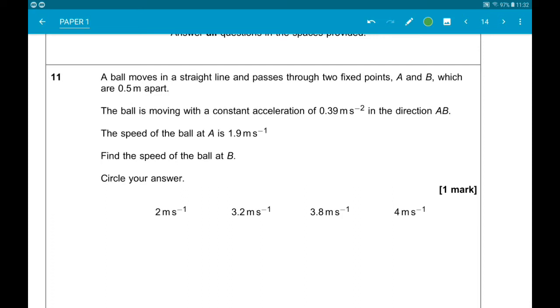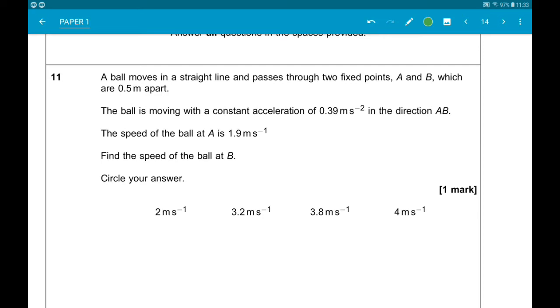The ball is moving with a constant acceleration of 0.39 meters per second squared in the direction AB. The speed of the ball at A is 1.9 meters per second. We want to find the speed of the ball at B.